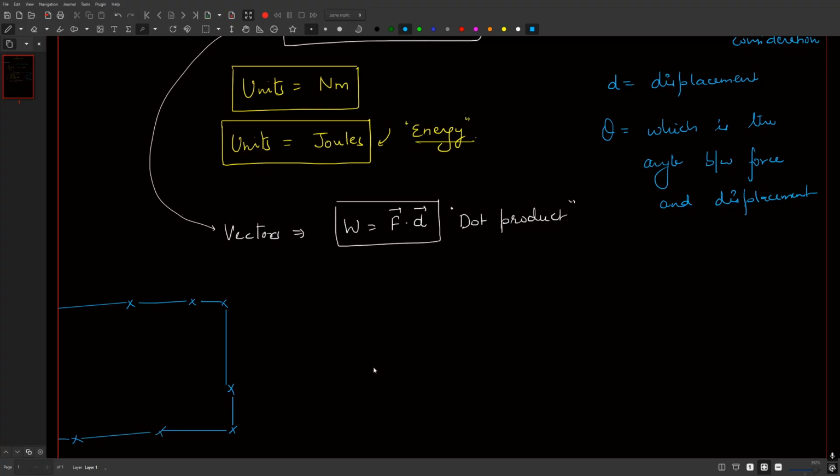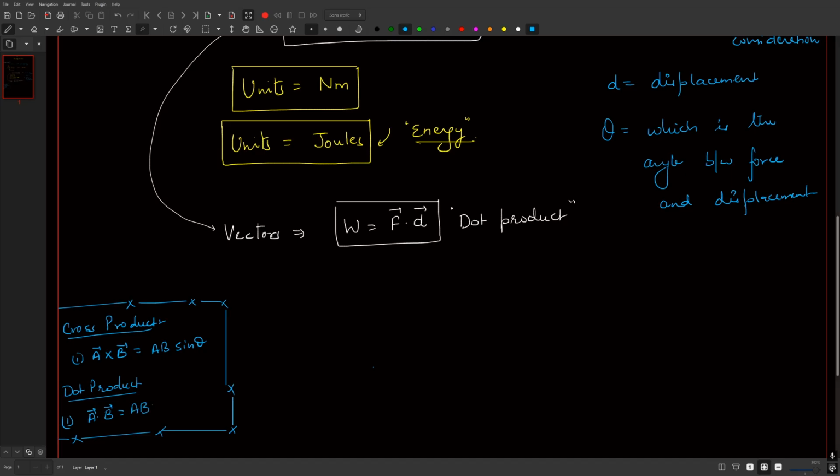There are two types of products of vectors. One is cross product, which is also known as vector product. This is A B sine theta. Then another one is dot product, which is A dot B. This is A B cosine theta.